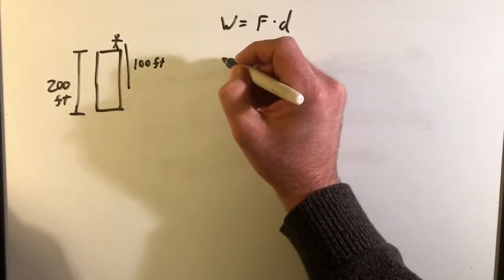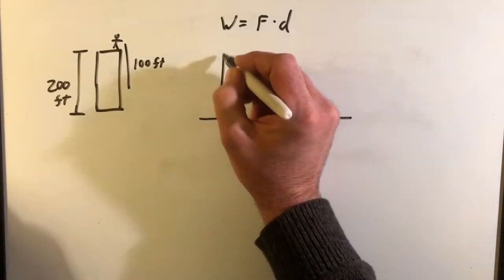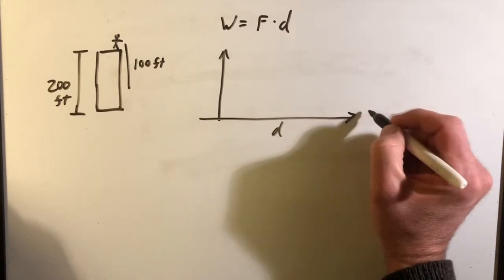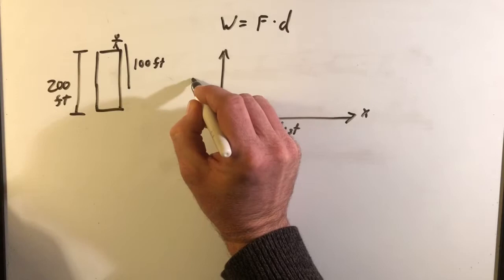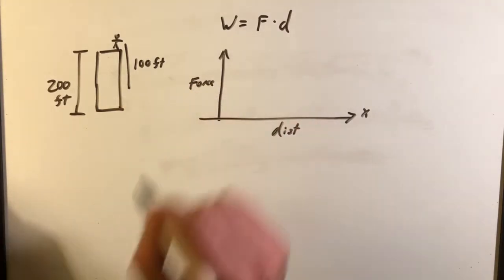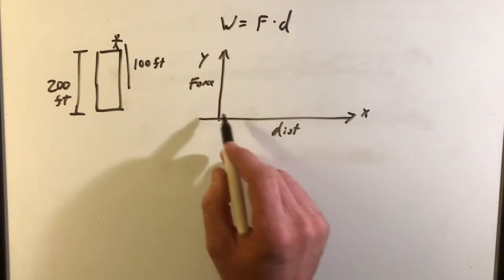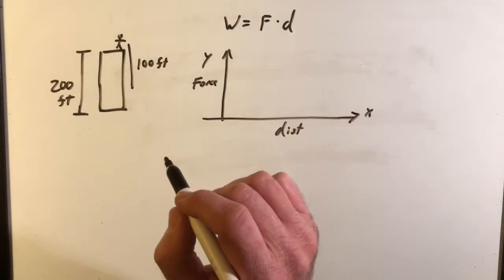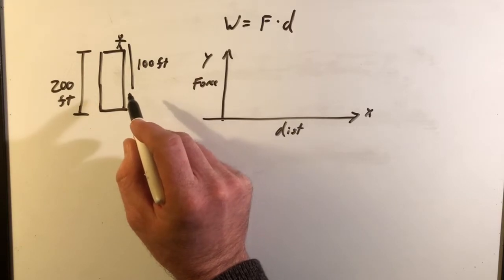The way I like to do these types of problems is you have your y-axis and your x-axis, and this is going to be distance, and this is going to be force along the y-axis. So force is going to be a function of distance.